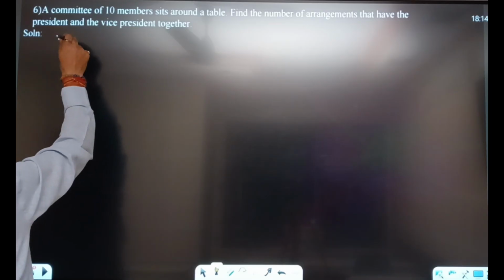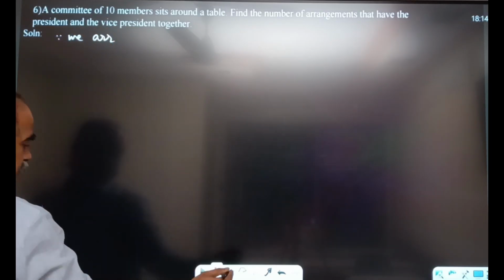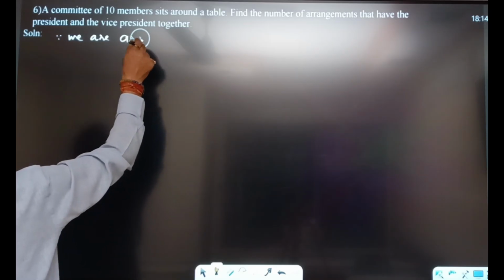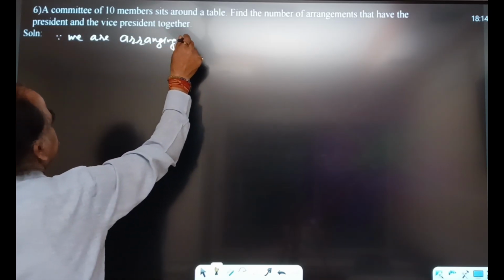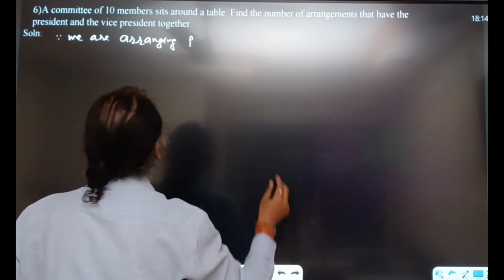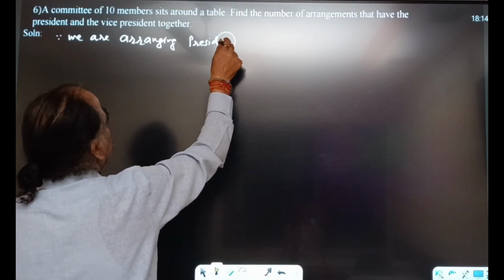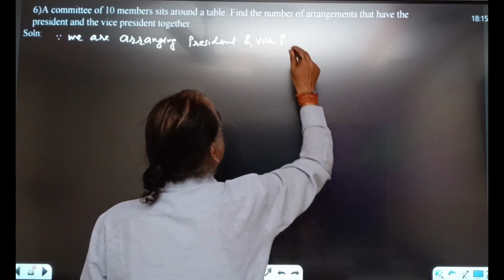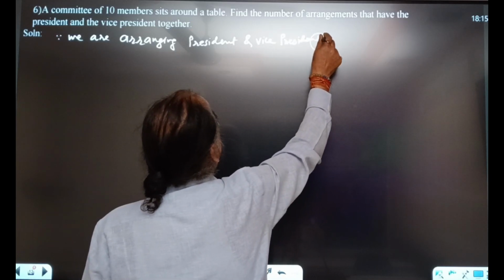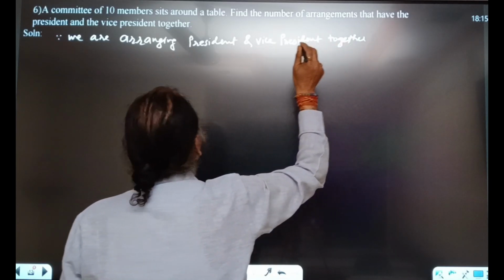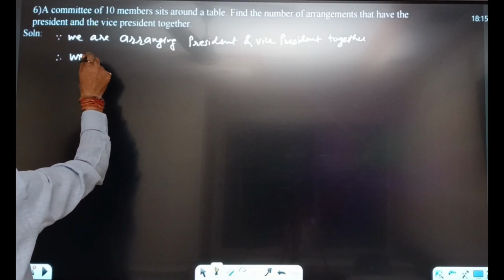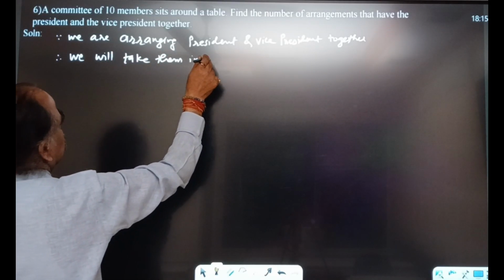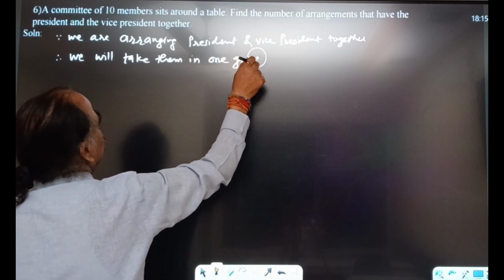Since we are arranging the president and vice president together, therefore we will take them in one group.